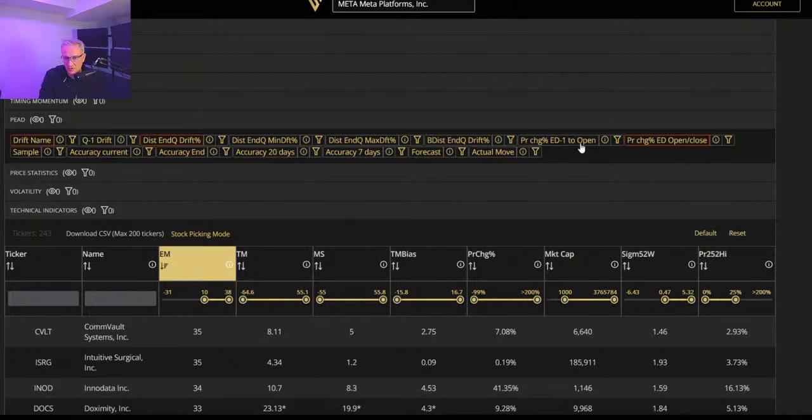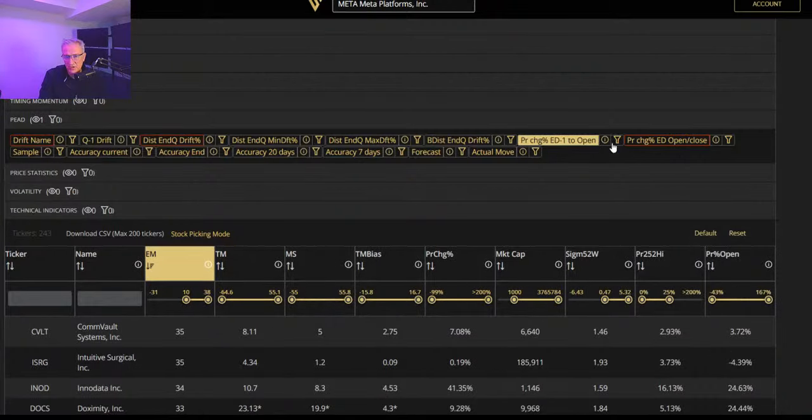The point is to use those two fields, the price change from between the day of earnings and the open of the next day after earnings. It's usually the day before earnings, so the company that reports at 4 p.m. is considered to report the next day because the session is already closed for the day. So it's ED -1 all the way to the open. So it's basically the overnight reaction of investors.